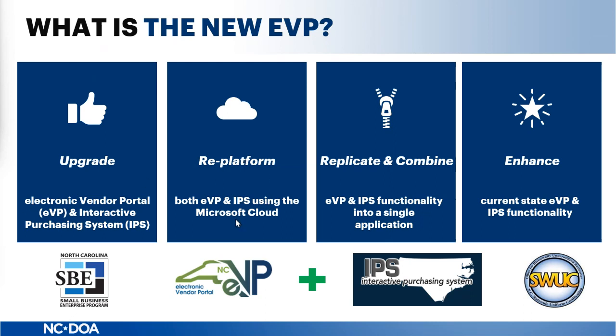You'll see that the new eVP is built on the Microsoft cloud, and IPS has served the state very, very well over many, many years that it has been in place. But a new, more agile cloud just allows the system to do a lot more.